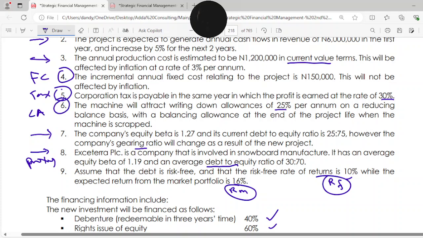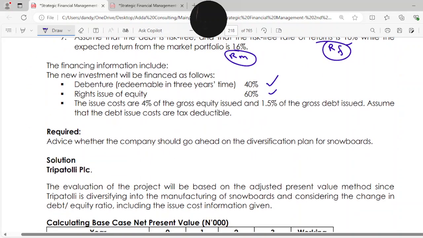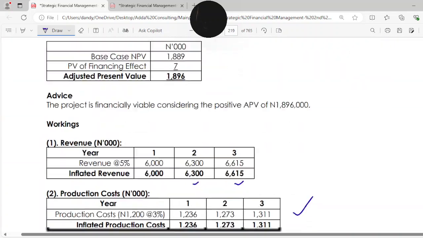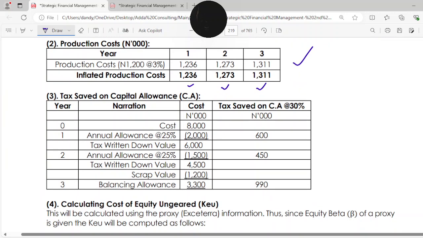So the examiner told us that the machine is on a reducing balance of 25%. So capital allowance rate is 25% on a reducing balance basis. And remember, capital allowance will always follow the pattern of that tax liability. So let's go and calculate our capital allowance.